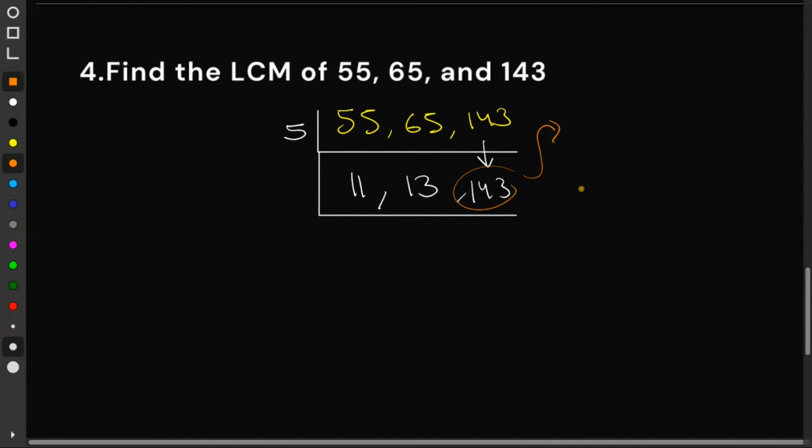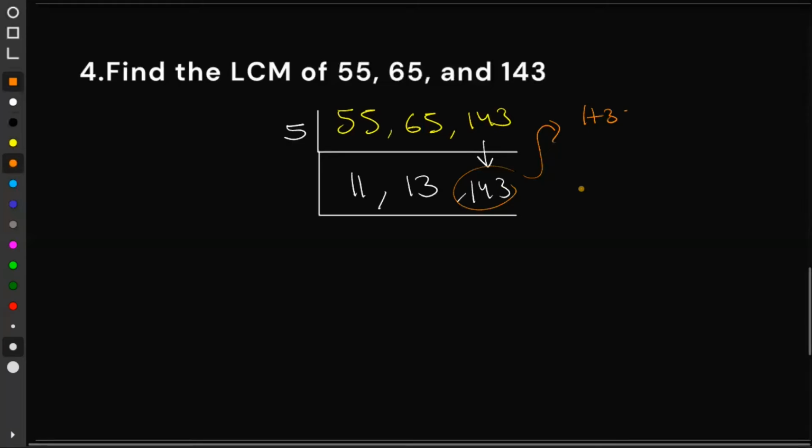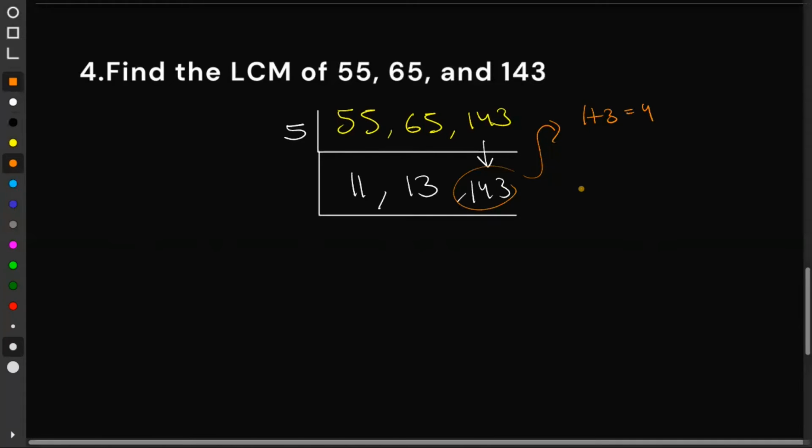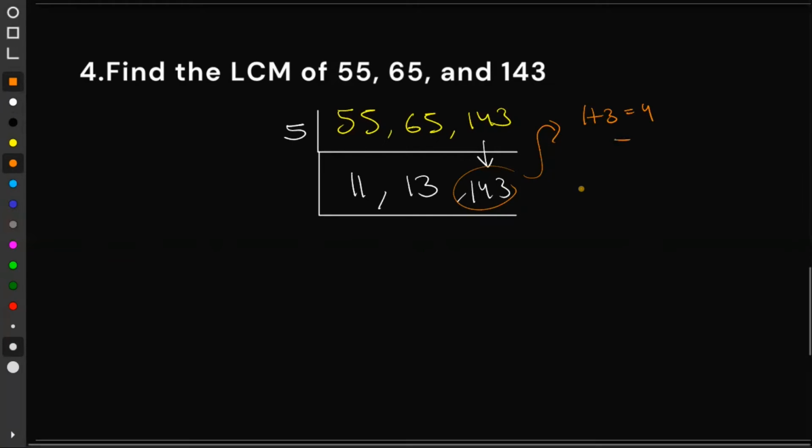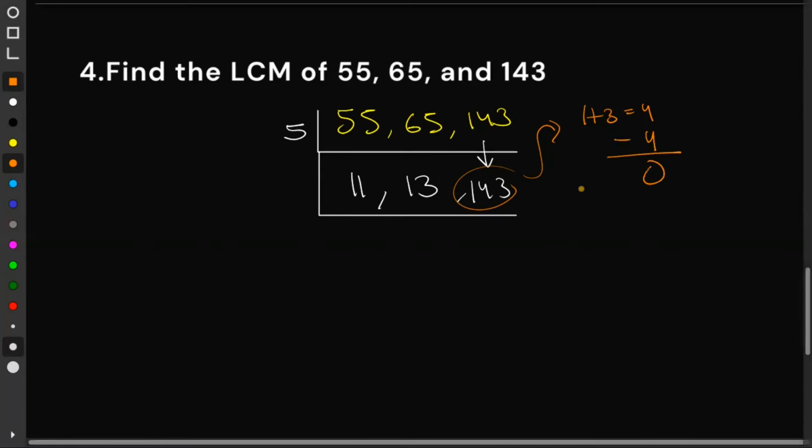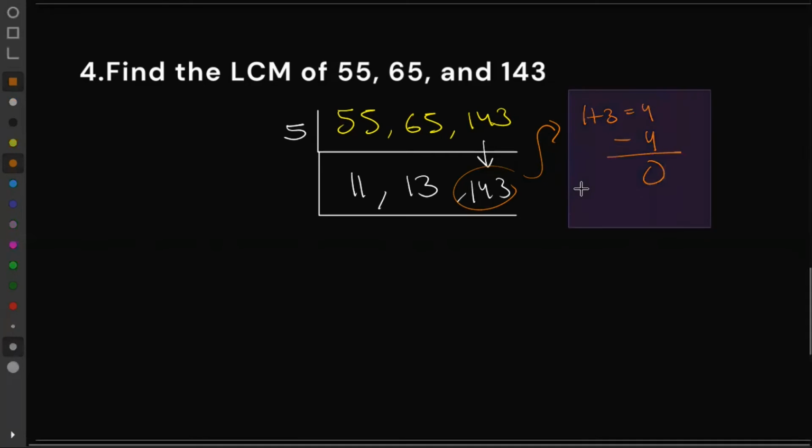Indeed, if we apply the divisibility rule by 11, we take the sum of the alternating digits. In this case, 1 plus 3 is equal to 4, minus the other digit, which is 4, which will give us 0. So by the divisibility rule by 11, we know that 143 is divisible by 11.